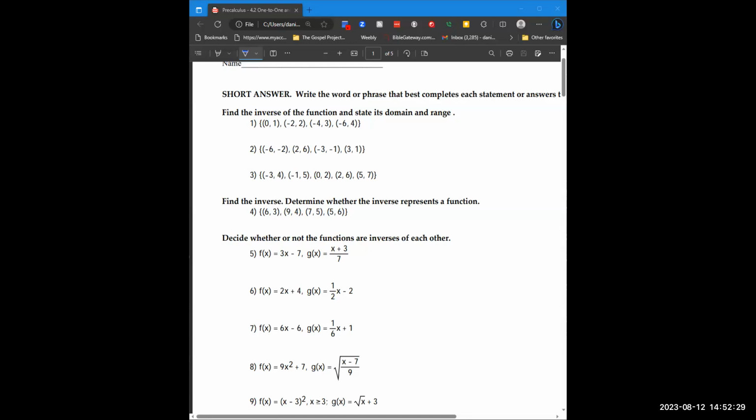One of the other ways in which we determine if a function is one-to-one and has an inverse is we use something called the horizontal line test. I'm just going to use a function like y equals the absolute value of x.